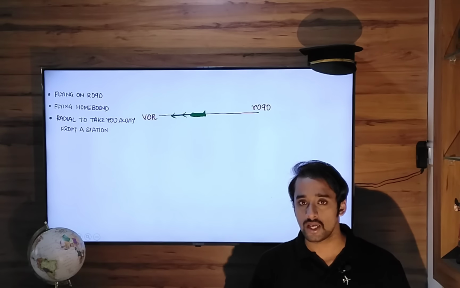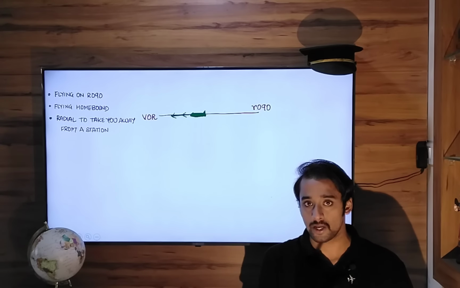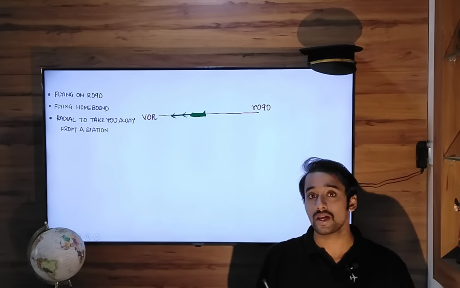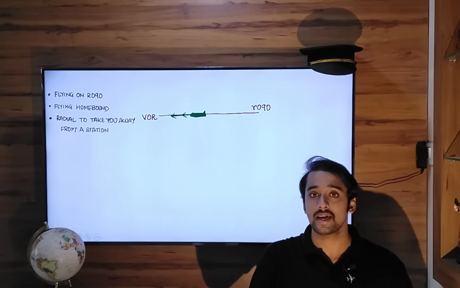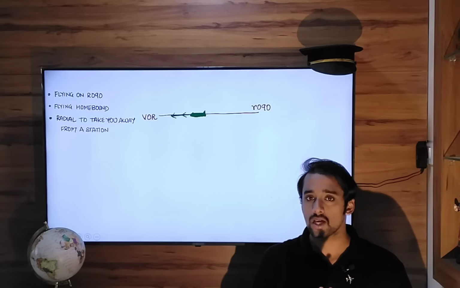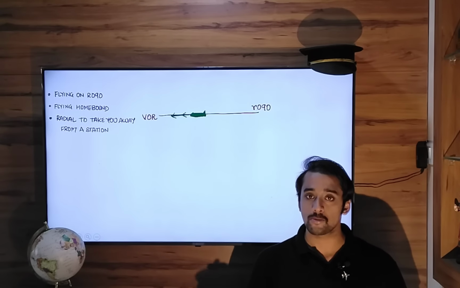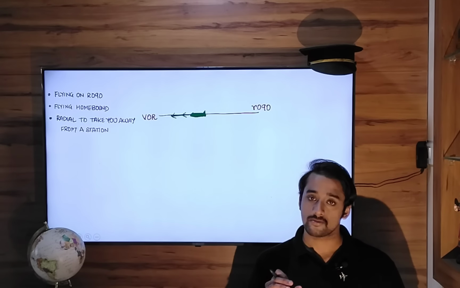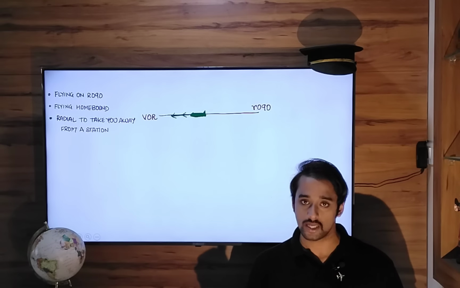So when this transition happens, you will be flying, let's say you are flying outbound from one particular VOR. When you transition to the next VOR, you will be flying inbound towards that next VOR. Okay, so this outbound, inbound will keep on happening. So that's why we should also know the procedure to be followed when flying inbound towards a particular station.